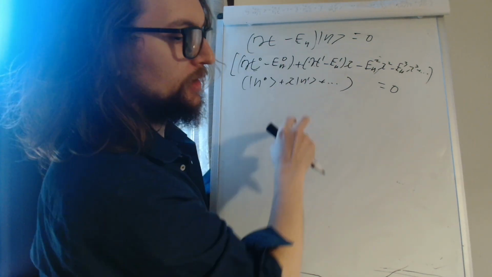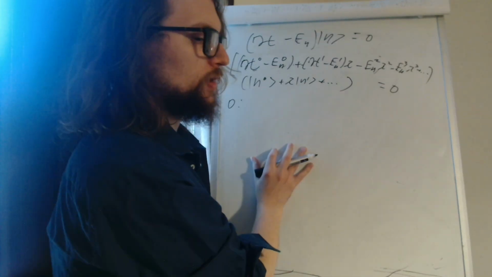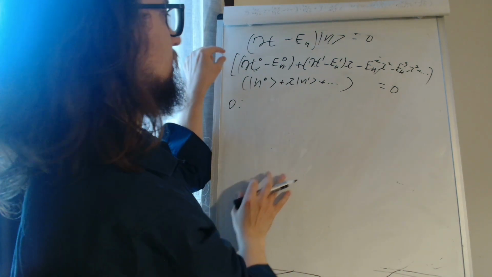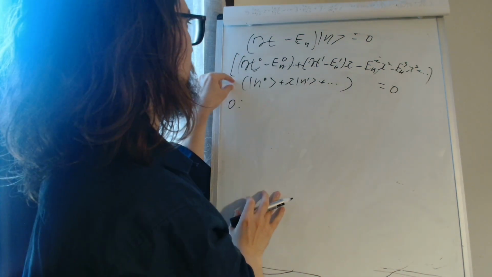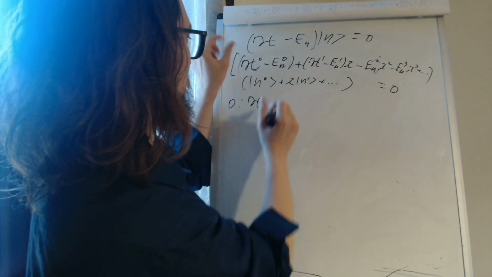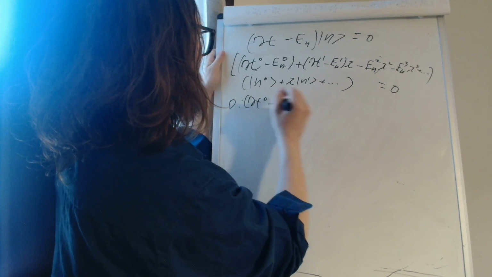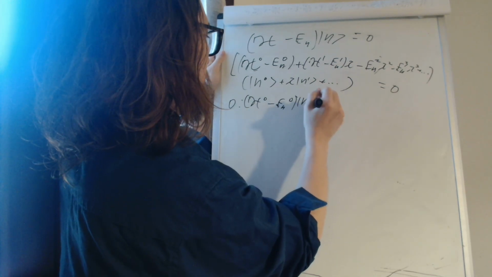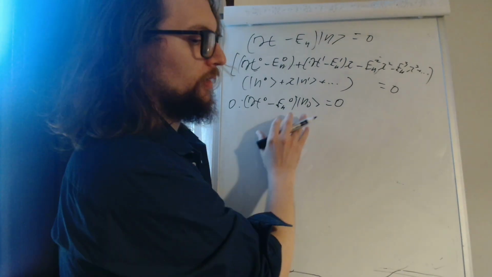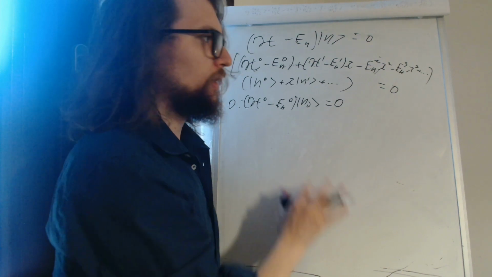So this is a multiplication of these expansions. For the order 0 term, we only have to multiply the 0 term here by the 0 term here, which are these two terms. So we have (H0 minus En0) |n0> equals 0, and we already knew this because this is the unperturbed eigenvalue equation.